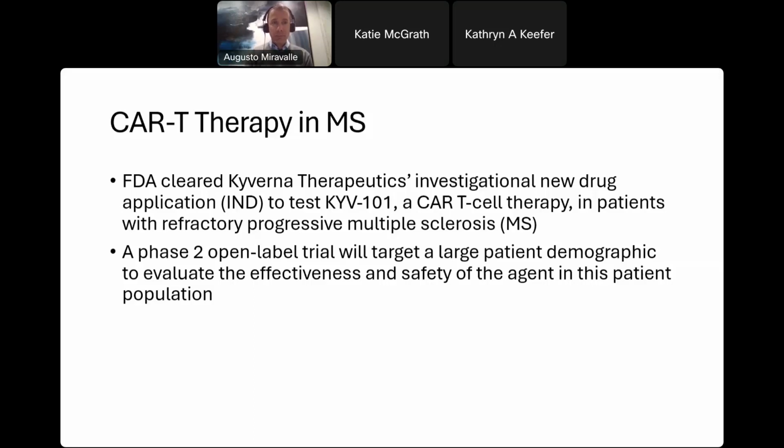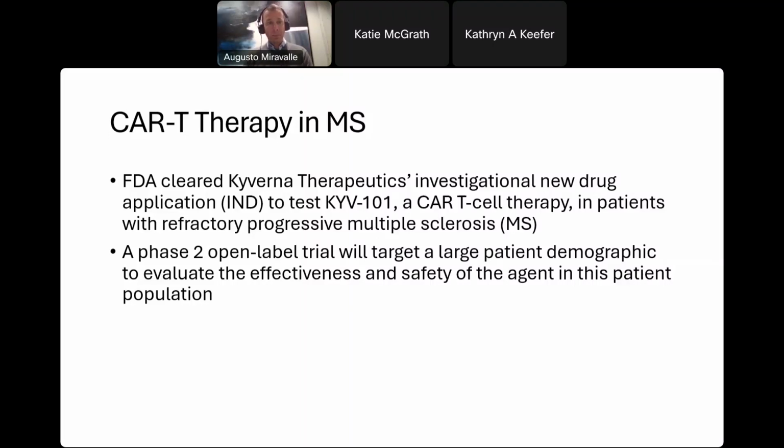And why is that better than an antibody? Well, when we inject antibodies in people, like Ocrevus, these molecules don't work inside the brain. They don't work inside the central nervous system because they're large molecules. They don't go through the barrier.